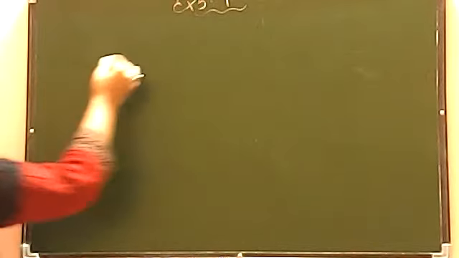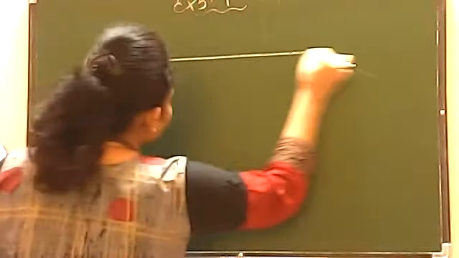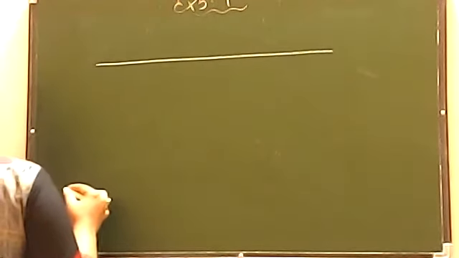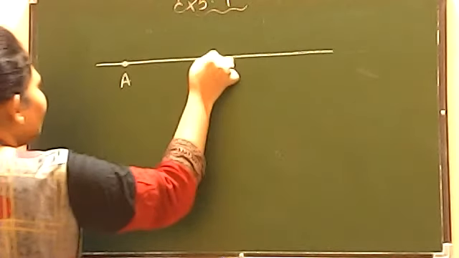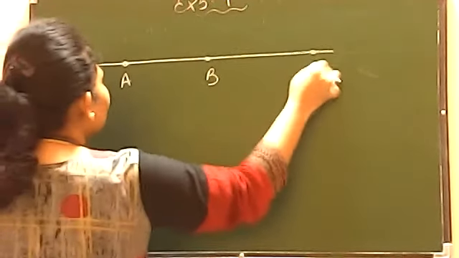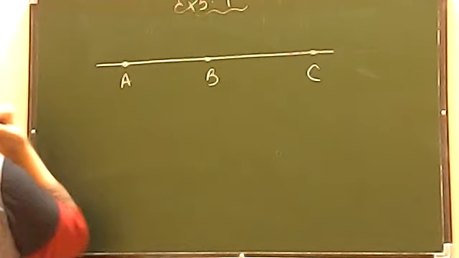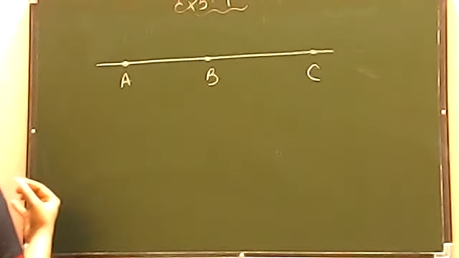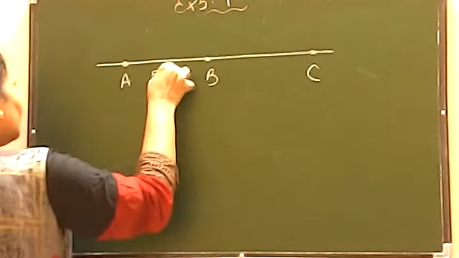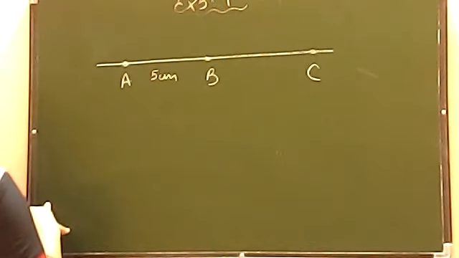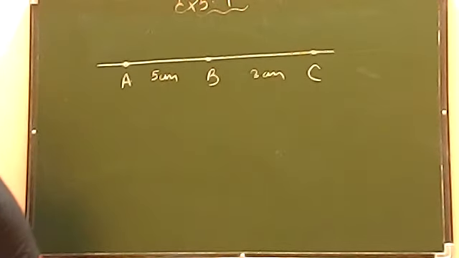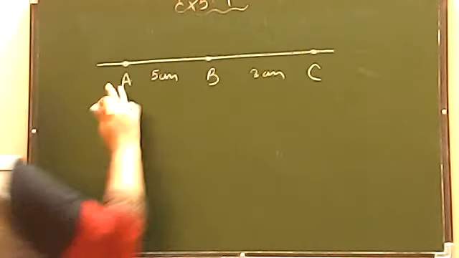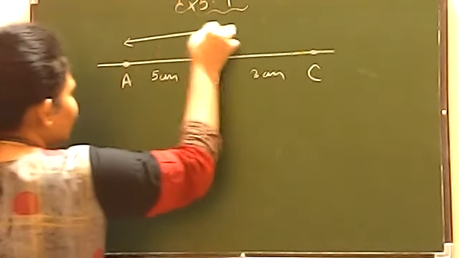Let's say we have a line, and on the line we have 3 points A, B and C. Now it says take AB as 5 and BC as 3, and AC is equal to 8. AC equal to 8 means the full measurement AC is 8 centimeters.